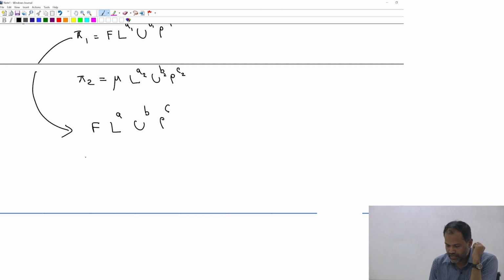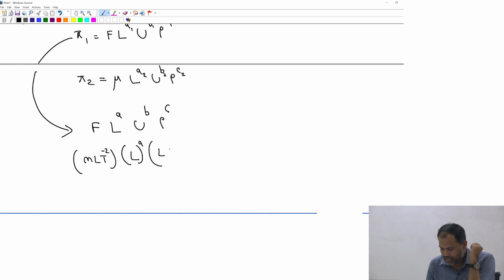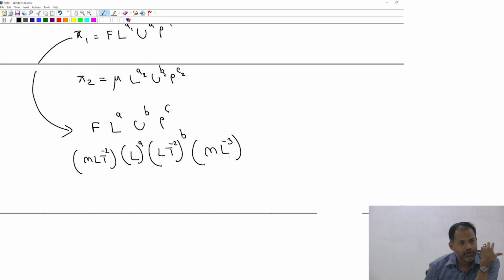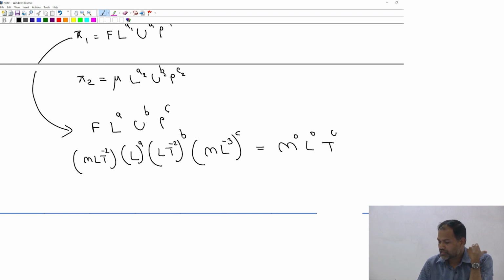f has the dimension of mass, length, t to the power minus 2, into length to the power A, U is L, t to the power minus 1 to the power B, rho is M, L to the power minus 3. If I want that to be a non-dimensional number, it has to be M to the power 0, L to the power 0, t to the power 0.